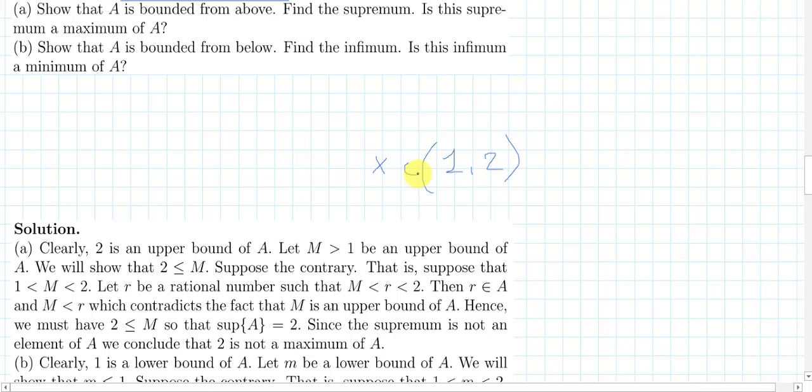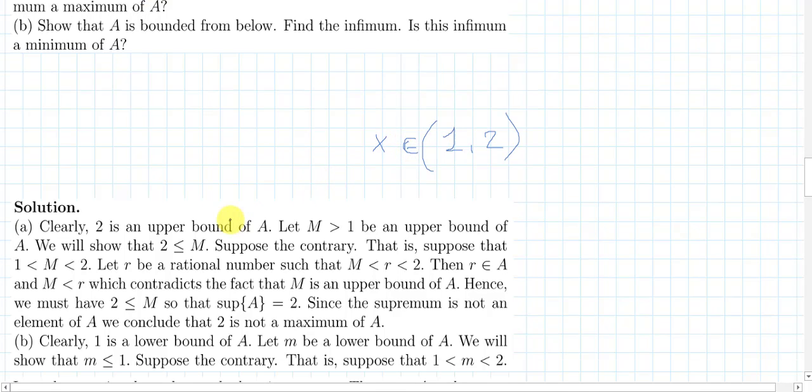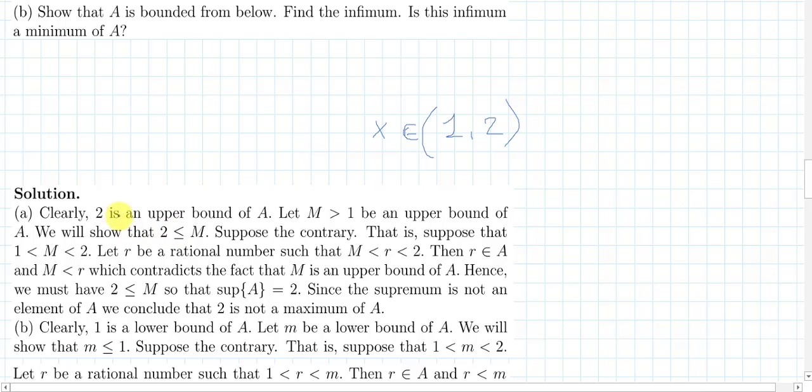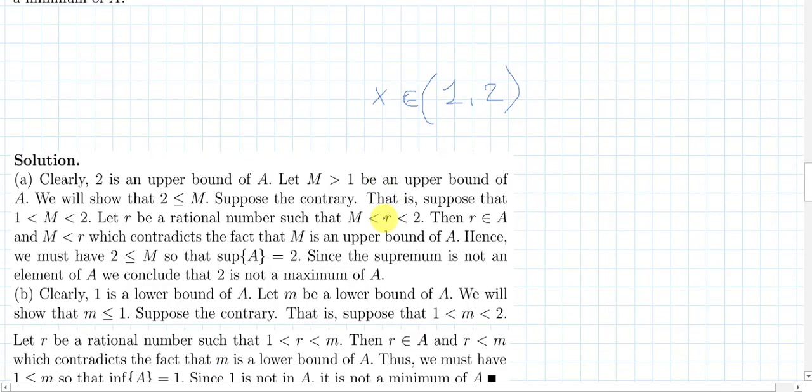X belongs to the interval 1, 2, and here clearly 2 is an upper bound of A. And again, let's show it using the same method as the previous example.